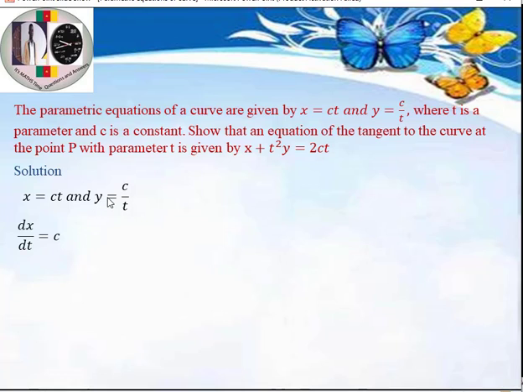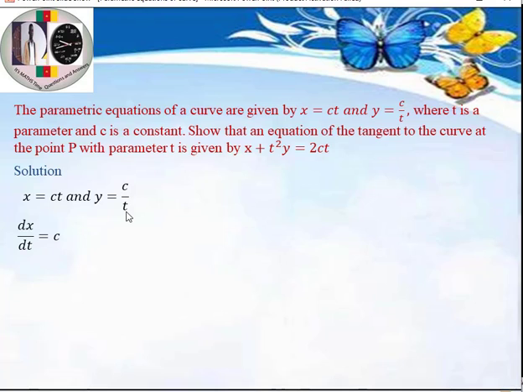We can also differentiate y with respect to t, but before we differentiate it, I don't want us to use the quotient rule. So we are going to modify this equation to become y equals c t to the power minus 1, because from the law of indices, 1 divided by a variable is the same as t to the power minus 1.